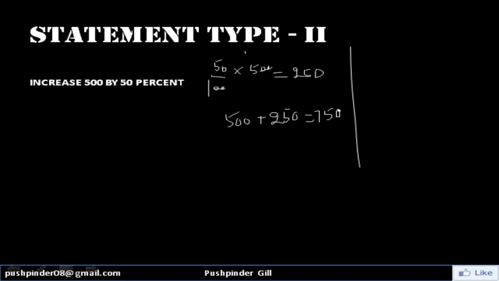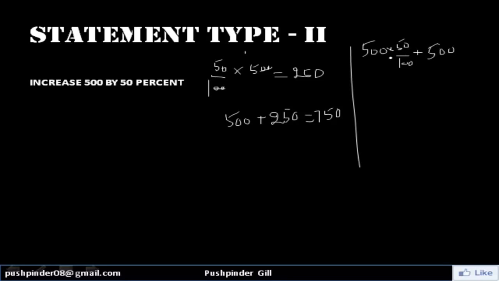Fine. This is the normal way that we are taught to do. However, there is a quicker and much more efficient way that you can do this. If you have to increase 500 by 50%, what you did is, you first calculated the 50% of 500, and then you added it to 500, right?